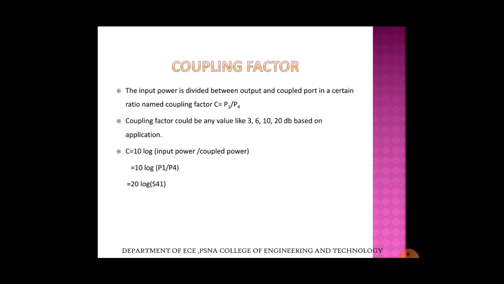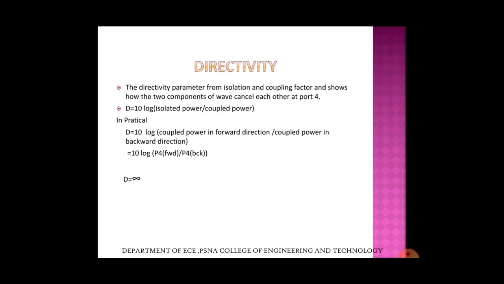In S41, in the first port we provide the input power and we calculate the power from the fourth port, that is the coupled power. So S41 relates the input power to the coupled power, which is the definition of coupling factor. So C = 20 log of S41.